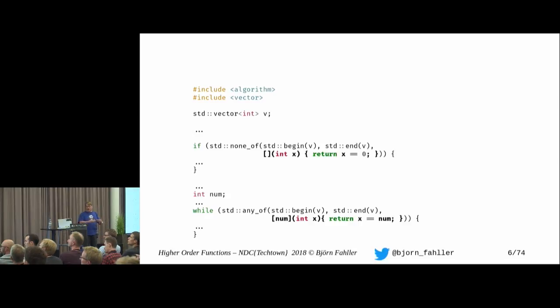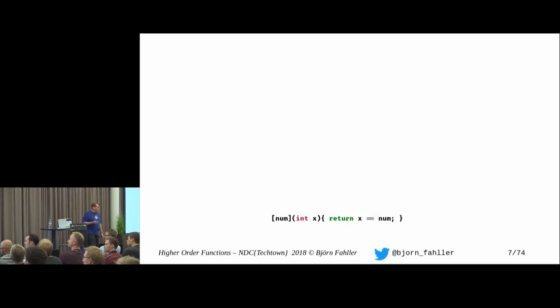Sure, one of them has the hard-coded constant 0, the other compares with the variable num, which is captured, but it's essentially the same lambda. And this annoys me. I don't like repetition. So can we do anything to get rid of this repetition? One thing we can do, hold on tight now, we write a function.